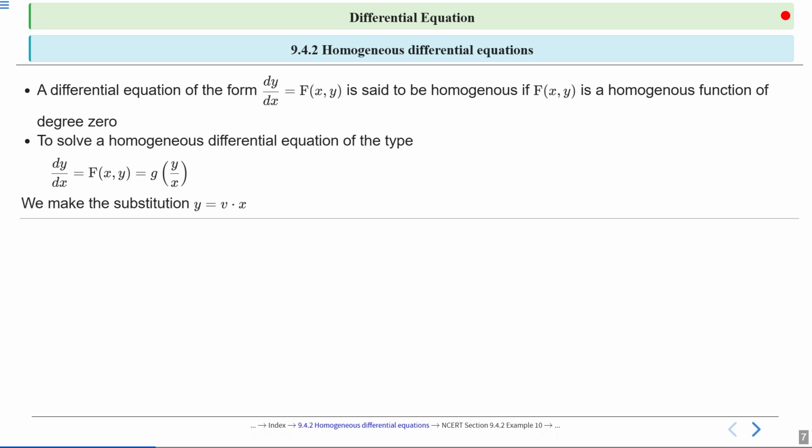So whenever there is a homogeneous differential equation, the first task is to identify whether it is a homogeneous differential equation or not. For that we have to check whether the function f(x, y) is a homogeneous function of degree 0. Then we transform this given homogeneous differential equation into a separable form by using the substitution y is equal to v into x. And we already know how to solve a differential equation by using the variable separable method.